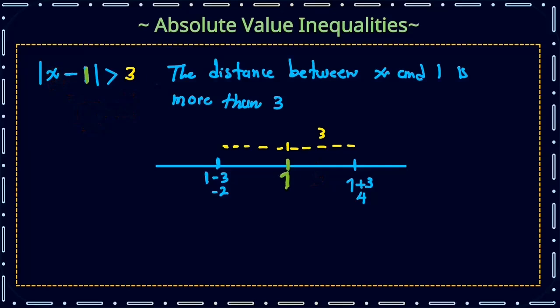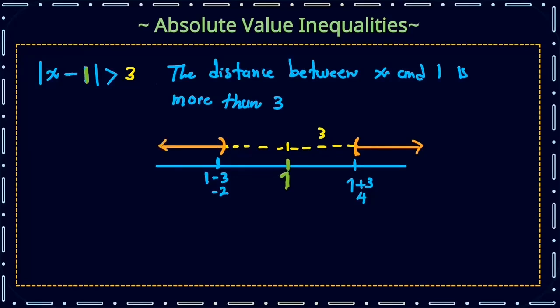So our x's are not going to be within this interval. They're going to be outside of the interval. Therefore, the solution would be every number more than 4 and every number less than negative 2.